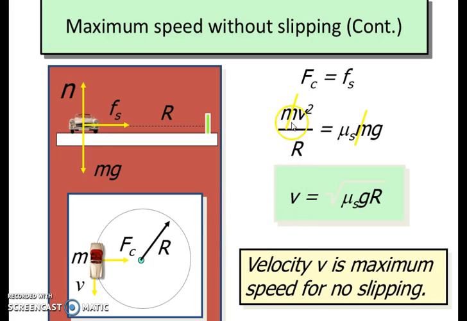In this case, we know that the m's can cancel, so we're left with v equals the square root of the coefficient of static friction times 9.8 times the radius. Do keep in mind that the velocity is the maximum speed for no slipping.